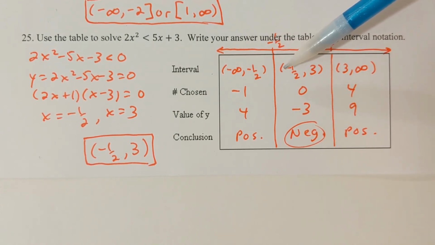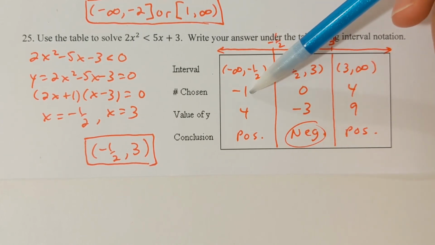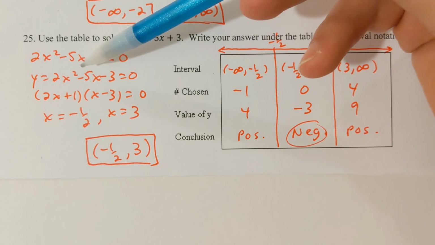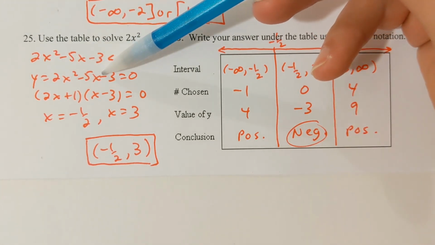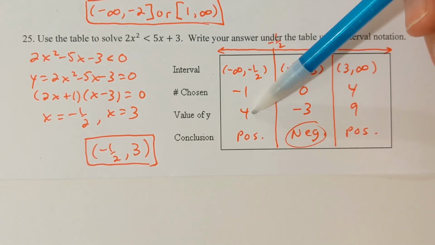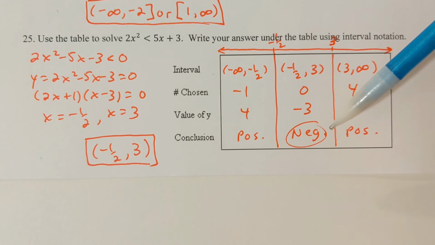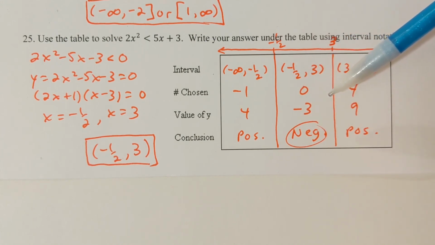So -1 is less than -1/2, and if x is -1, negative 1 squared is 1, times 2 is 2, plus 5 is 7, minus 3 is 4. 4 is a positive number, so I'll write positive. In the middle interval, I need a number between negative 1/2 and 3.